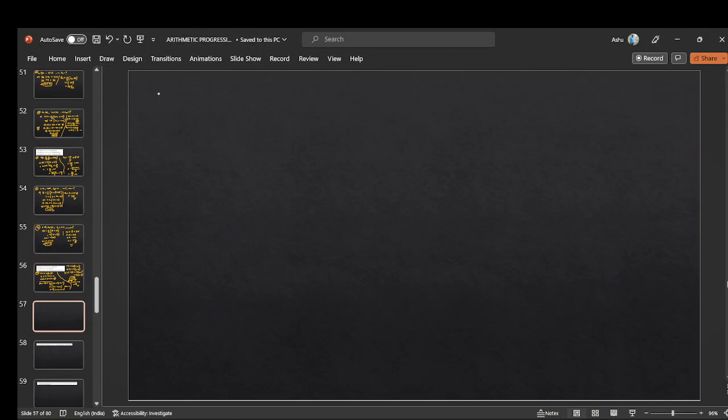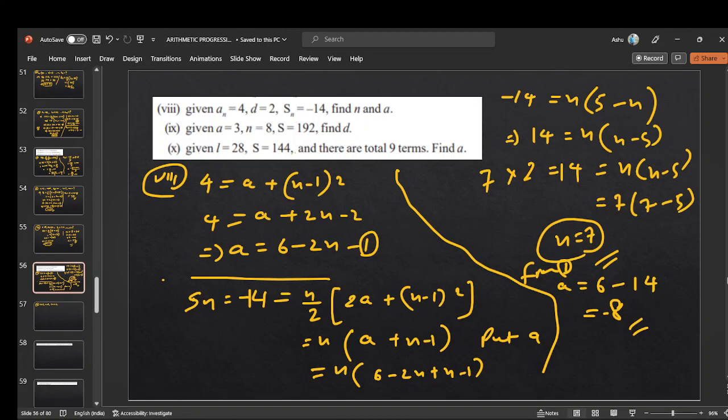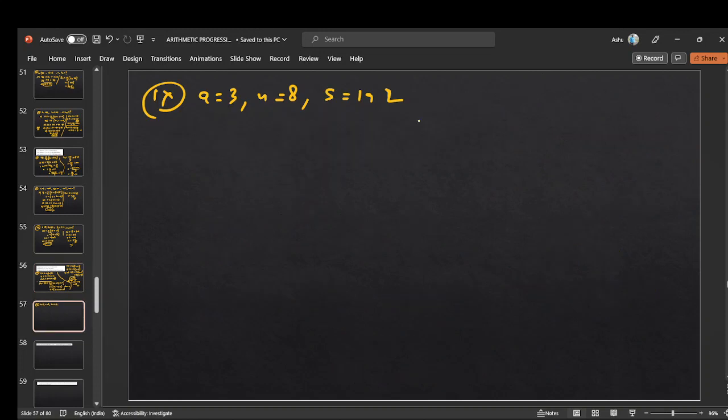Here question 9 is given, a is 3 and n is 8 and S is 192. Clear? Now find d. What is the d?